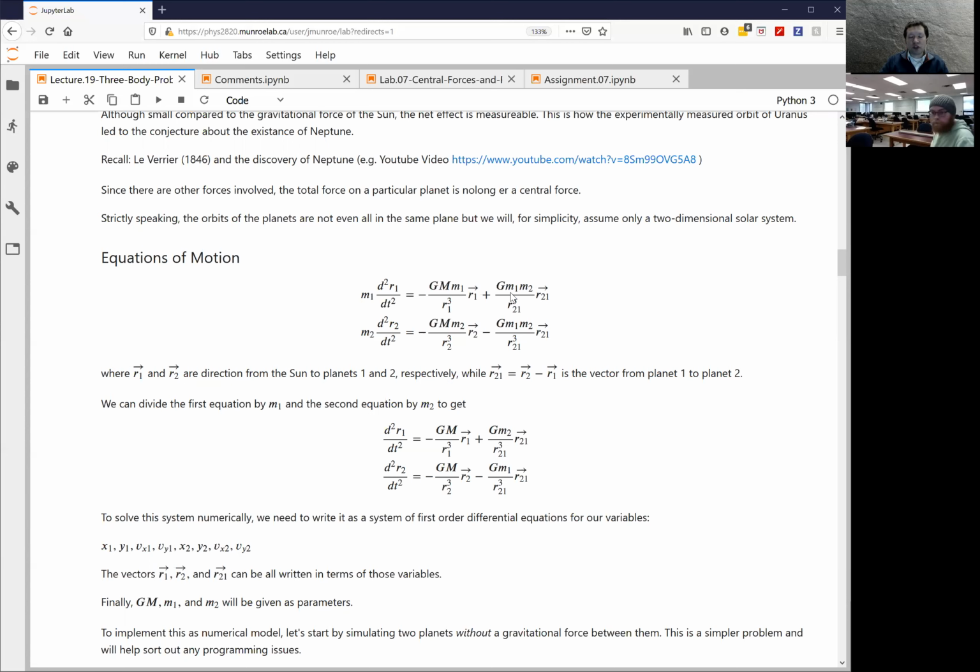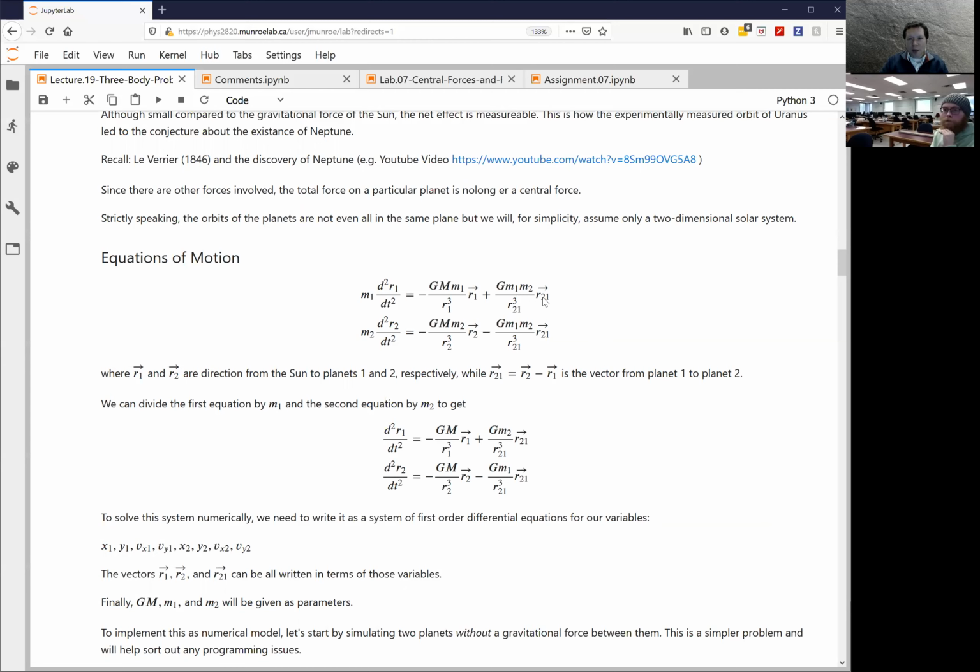Its gravity is dependent upon the mass of the first planet and the mass of the second planet. It depends upon how far away those two planets are. And so for the same reason as here, it's divided by r squared and pointing along the vector that's between the two planets.